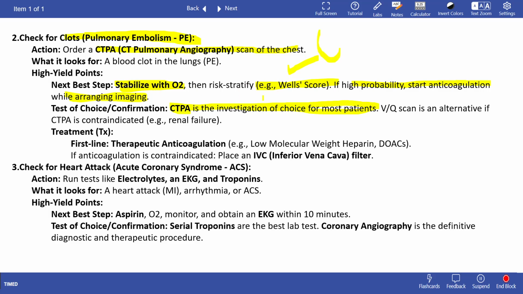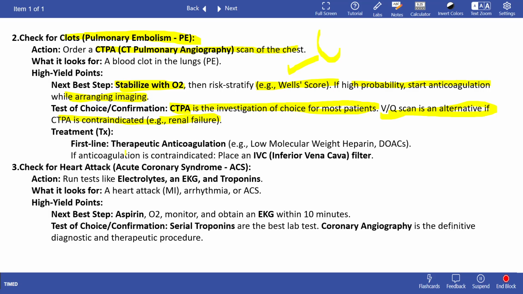VQ scan is an alternative if the patient is pregnant or if the CT pulmonary angiography is contraindicated, such as in renal failure, because contrast can cause nephrotoxicity.